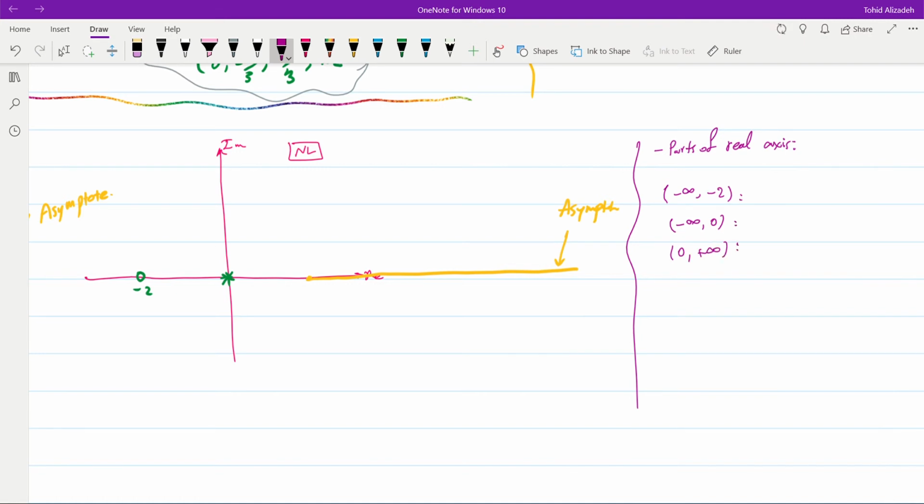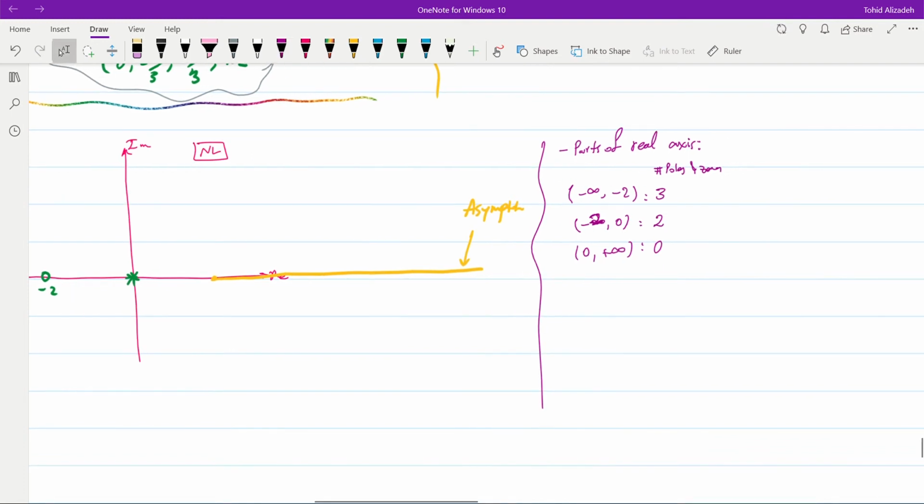And if we count the number of poles and zeros to the right side of each region, we will get 3 for the first segment. This is from minus 2 indeed, not from minus infinity. Then 2, and 0. Okay? And we can see that the first segment will belong to the positive locus, and the other two segments will belong to the negative locus because they are not odd numbers.